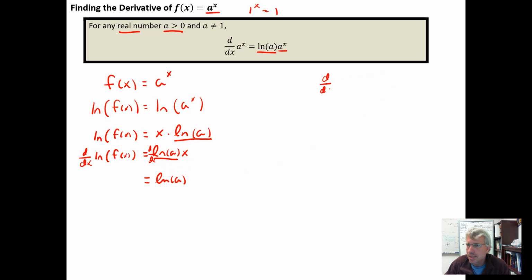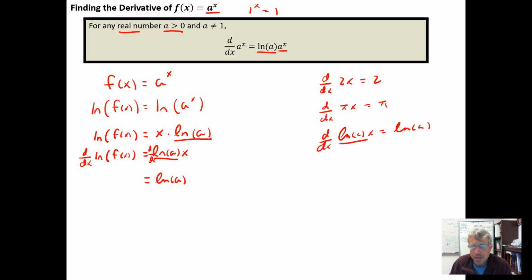If we take d dx of a constant times x, we get the constant. So d dx of pi times x would just equal pi. d dx of the natural log of a, which is just a constant, times x, is just going to be the constant, the natural log of a.